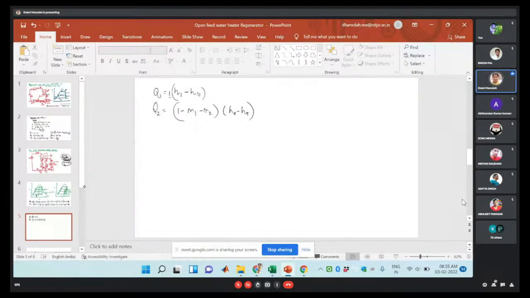So this is the heat rejection. Then we can find out the cycle efficiency. Cycle efficiency is Q1 minus Q2 upon Q1, which will also be equal to net work output upon heat addition, that is Q1.